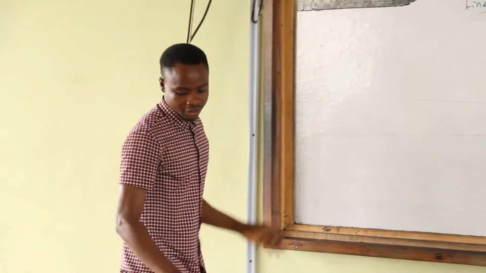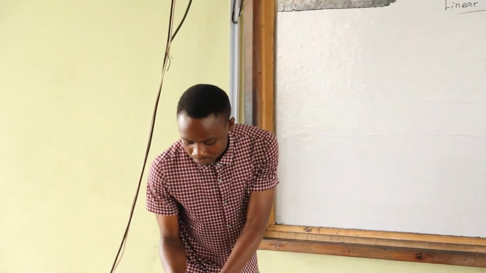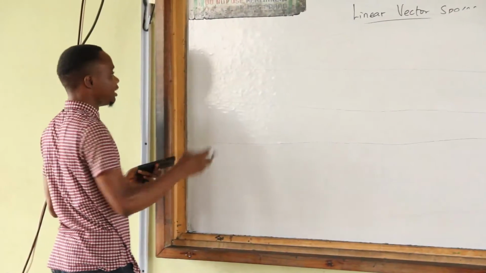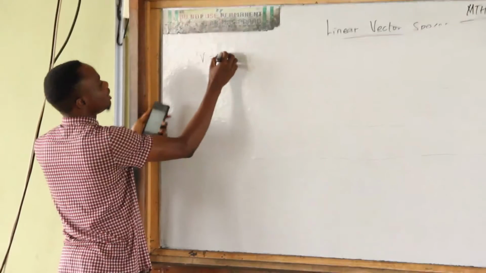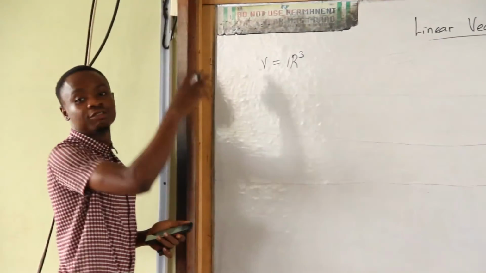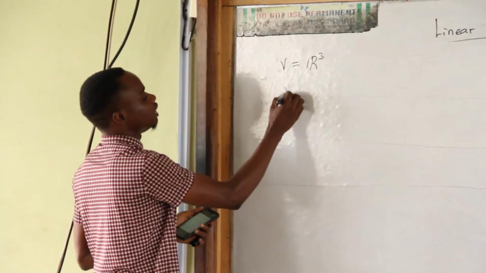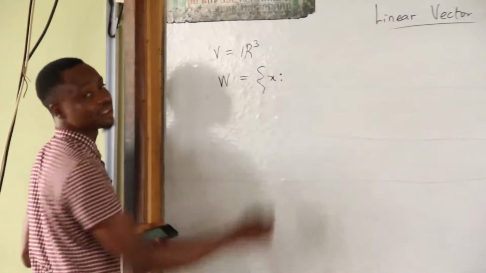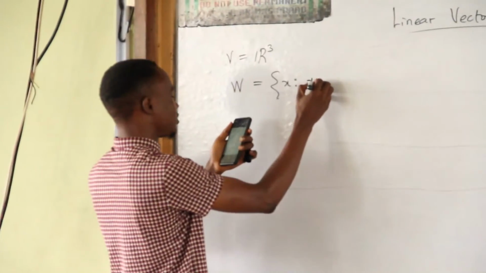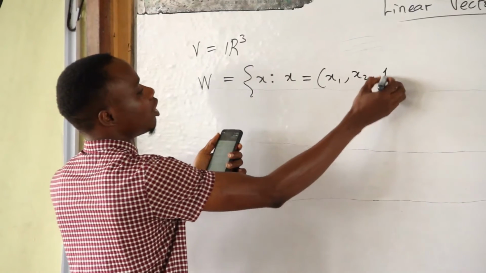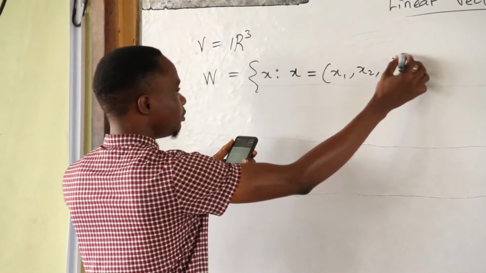Pay attention. Out of this R3, we now pick out a subset W which has been defined to contain elements X such that X equals (X1, X2, 1).